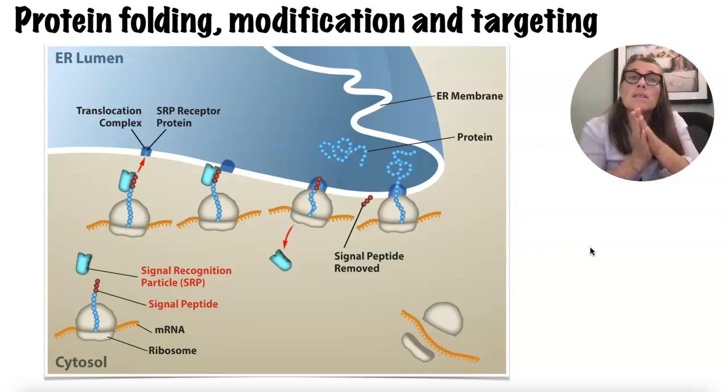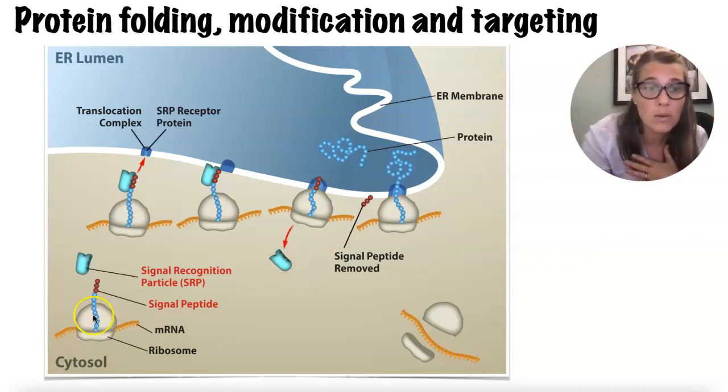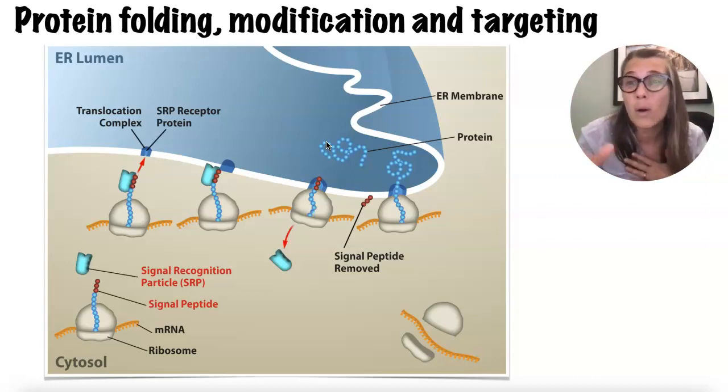Okay? Once your protein is all done and released, the signal peptide is removed. Remember that we are going to go through protein folding, modification, and targeting. I'm not going to cover this part again because we talked about this when we discussed the different components of the eukaryotic cell: the ER, the rough ER, the Golgi.